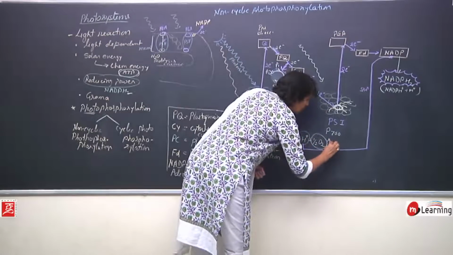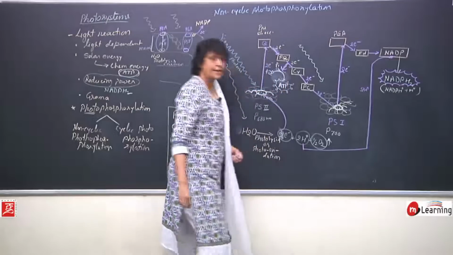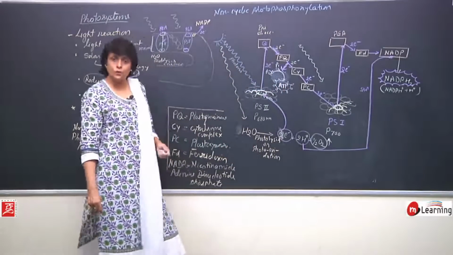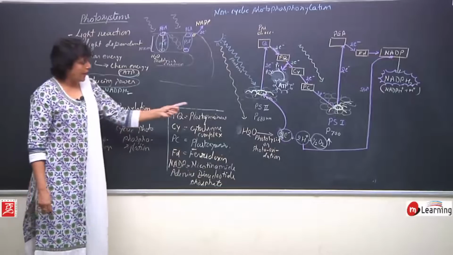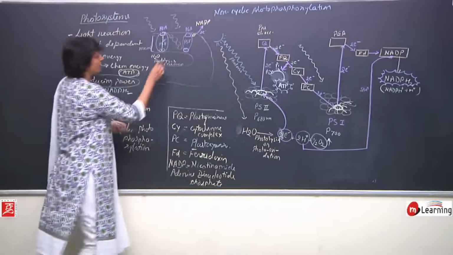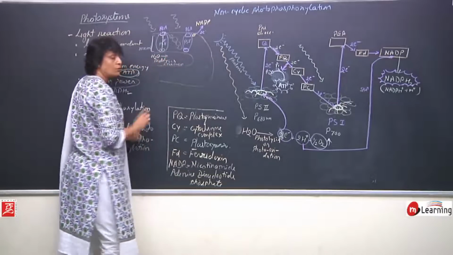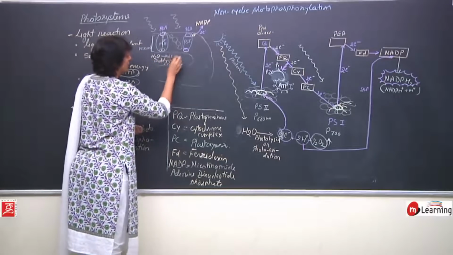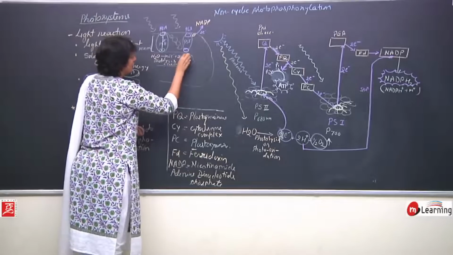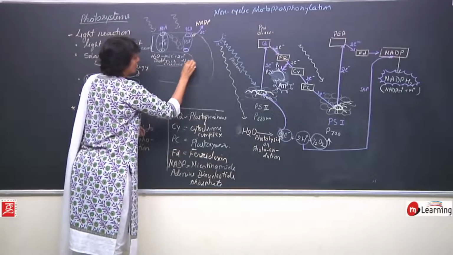So, oxygen which is released as a result of photosynthesis is actually coming from water, and where is it produced? This is produced in the lumen. So, water splits into 2 electrons, 2 protons and oxygen.